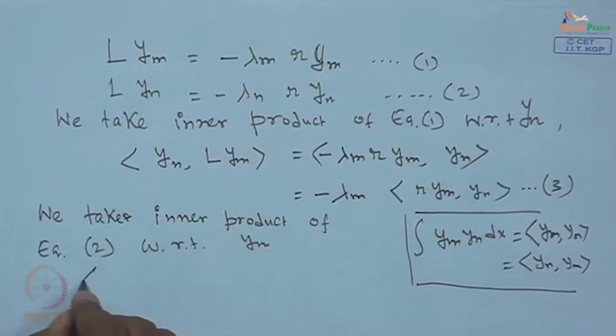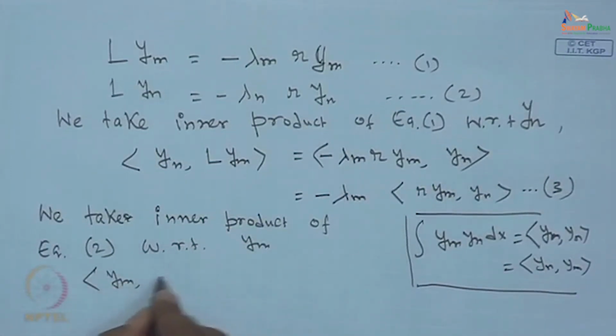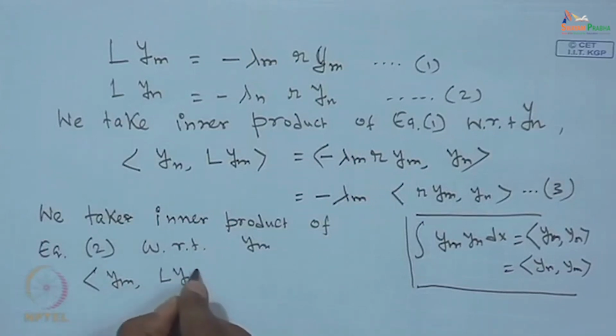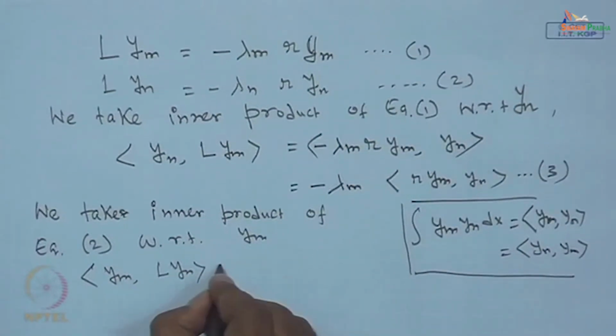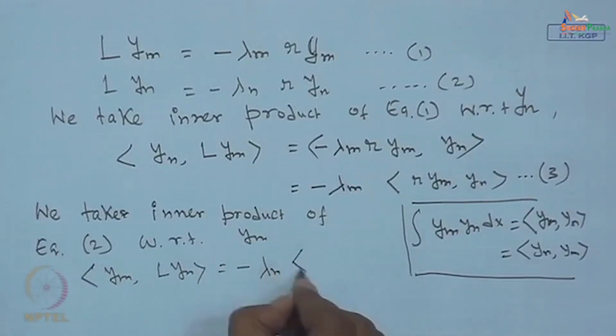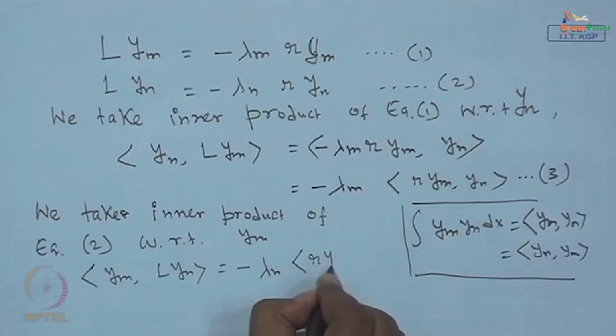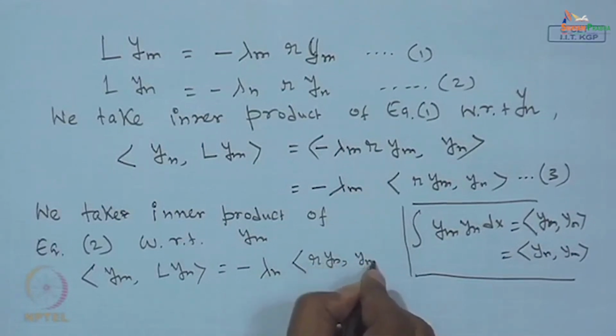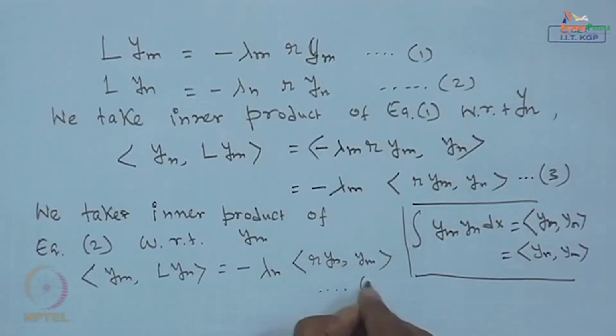If you do that, you will get the inner product of y m and L y n is equal to minus lambda n times the inner product of r y n and y m. This is equation number 4.